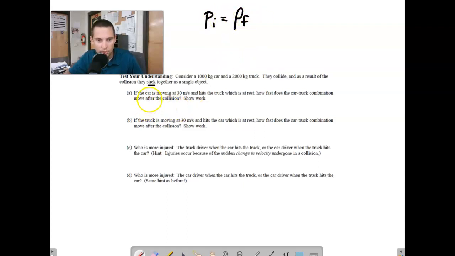If the car is moving at 30 meters per second and hits the truck, which is at rest, that means something's going to cancel out. How fast does the car-truck combination move after the collision? Because they're sticking together, we have the momentum of the car in the beginning plus the momentum of the truck in the beginning equals the momentum of the car-truck combo.